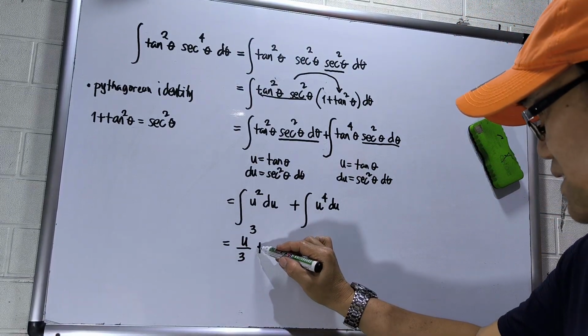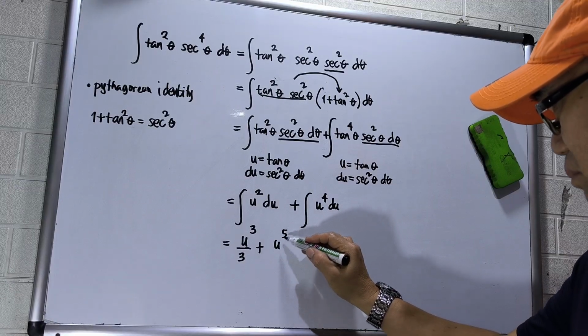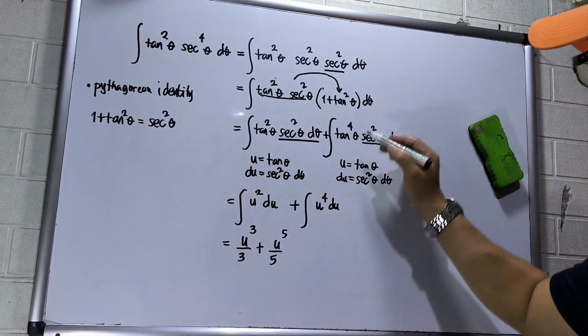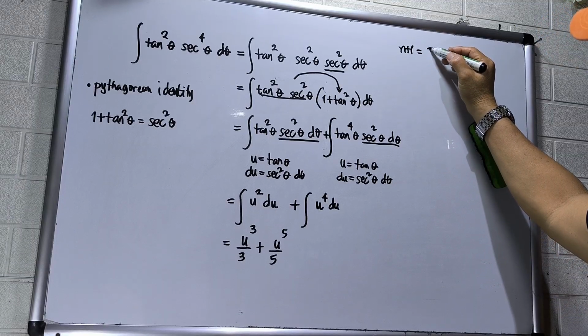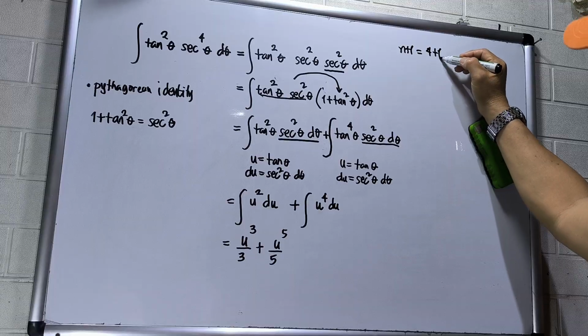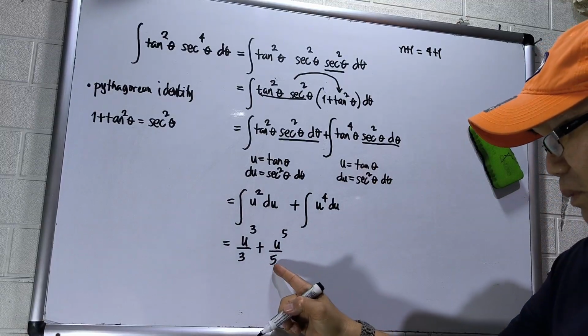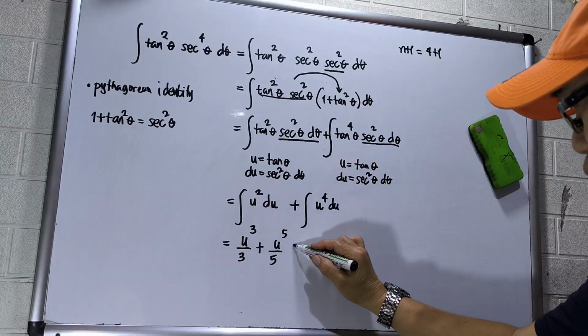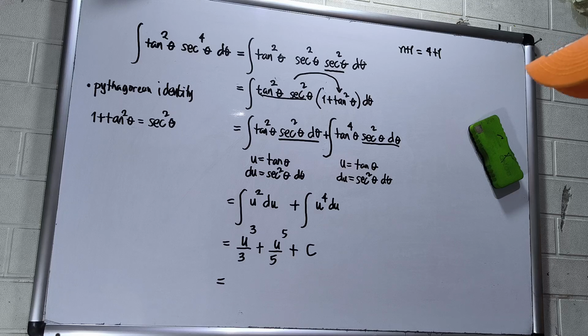Then this will be plus u to the fourth, that will be u to the fifth, because integration is n plus 1. So if you have 4, then this will be plus 1. So I have 5, and whatever our exponent will be our denominator. And then this will be plus c, because this is an indefinite integral.